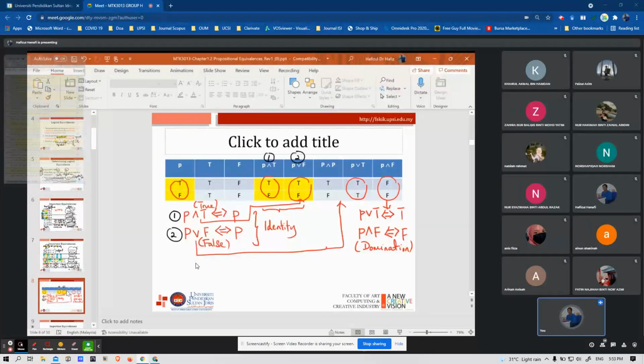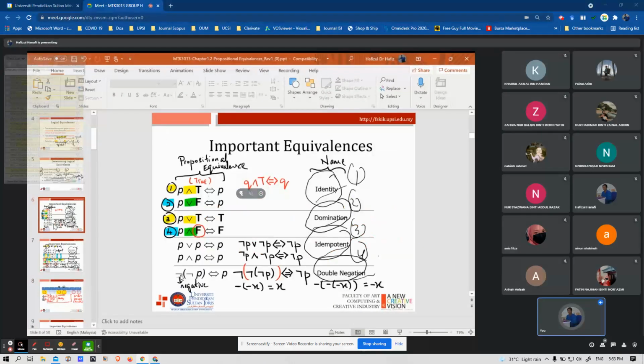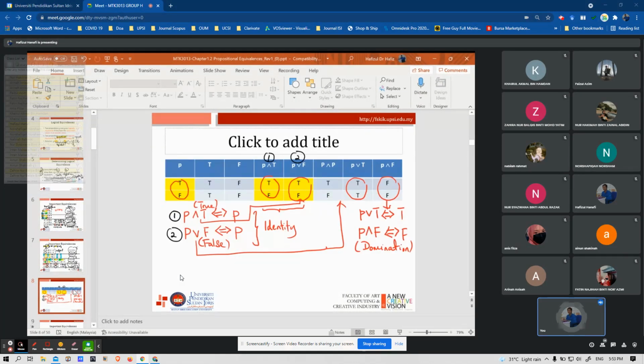Okay, this one is identity and domination. For the identity, you compare the two equations.